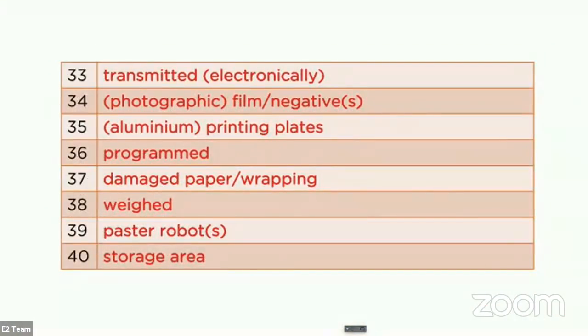So let's go through the answers here. 33, transmitted or transmitted electronically. 34, you could have had photographic film or negative or negatives. 4 possible options there. 35, you could have had aluminium printing plates or you could have had printing plates. 36, programmed. 37, damaged paper or wrapping, maybe tough wrapping. 38, weighed. 39, paster robot or paster robots. 40, storage area.